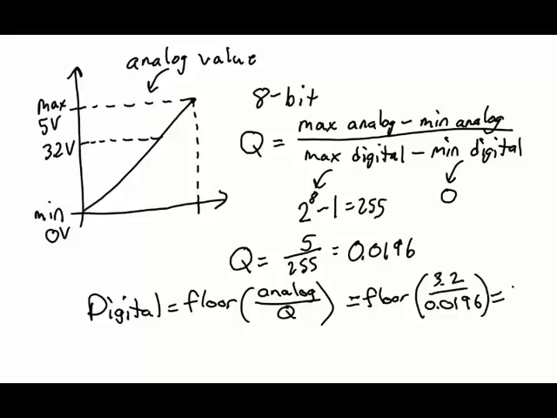I can now take the value 163 and write it as 8-bit binary using the same approach that we did earlier in this video. Once I've converted the value to its bit string, I've completed the analog to digital conversion.